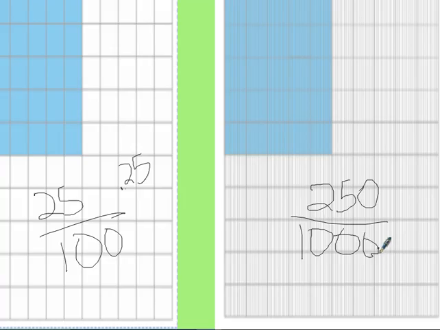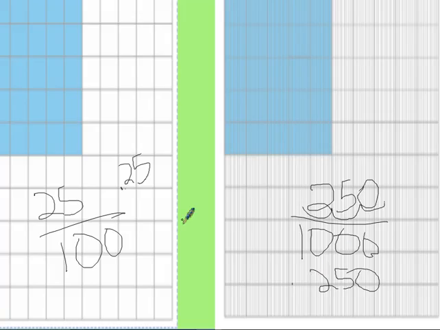Well, how many zeros do we have? If I want to put this into a decimal, I count how many zeros. 1, 2, 3. So I'm going to put a decimal right here, and I'm going to move it back. How many places? 3. 250 thousandths. Because remember, this is a decimal: tenths, hundredths, thousandths.